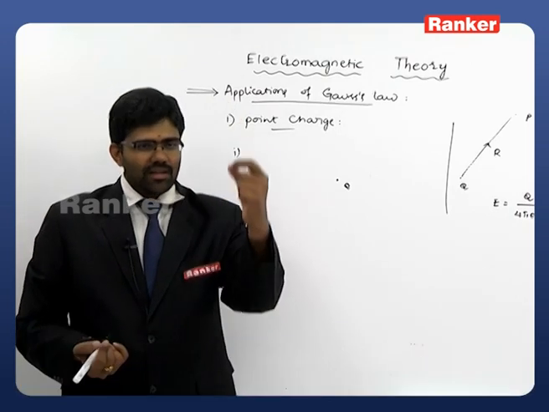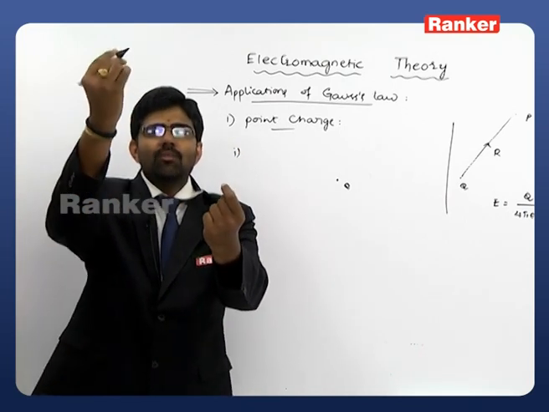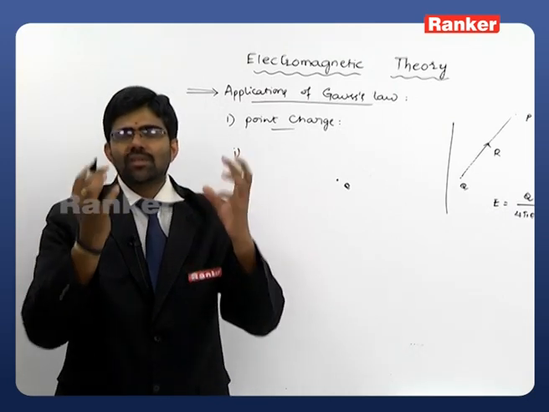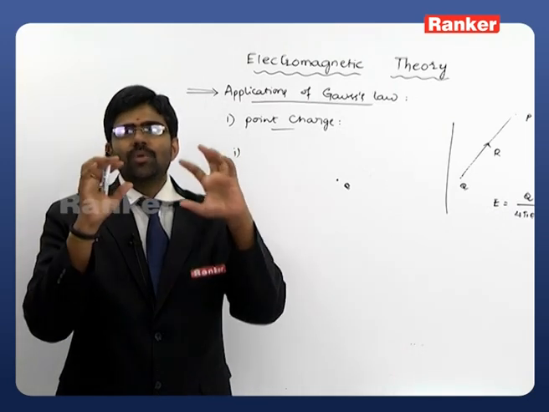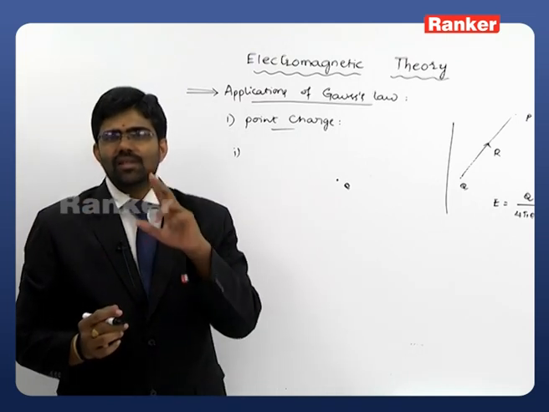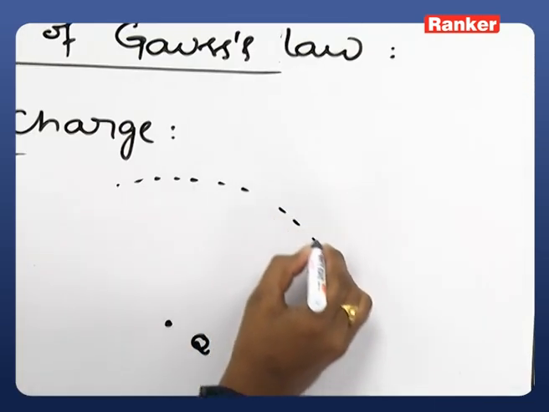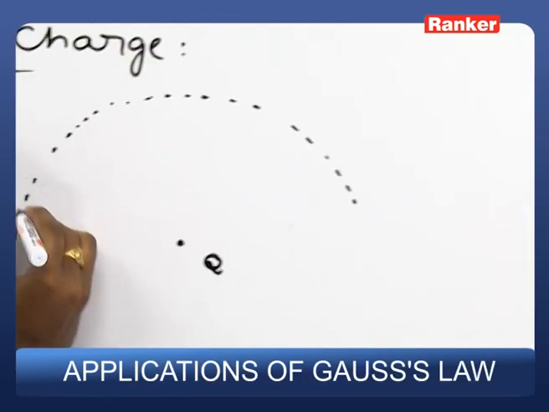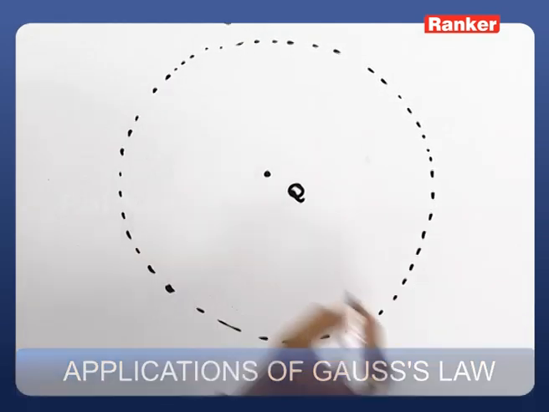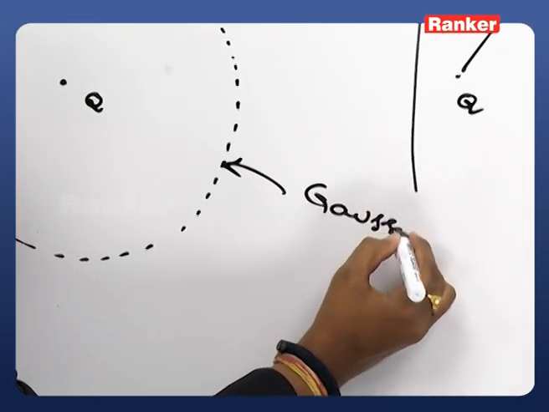We need to imagine this is the point charge we have. For this point charge, if you form a symmetrical surface, then obviously a spherical shape is the surface we get. So a spherical surface is the most appropriate one, that will be called the Gaussian surface. Now I will take a spherical surface around this charge. I will call this one the Gaussian surface.